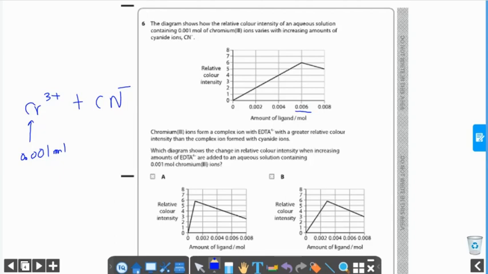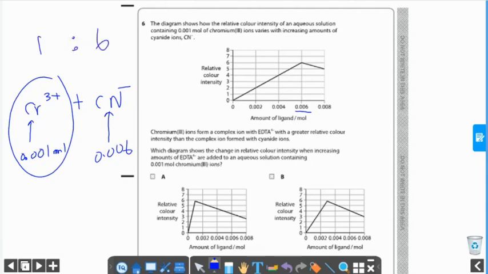Now see, the diagram shows the relative color intensity of an aqueous solution containing 0.001 moles of chromium-3 ions with increasing amounts of cyanide. The amount of ligand is 0.006 moles. Now see the difference. If the ligand is 0.006, maximum absorption is there, which means a 1:6 ratio, right?